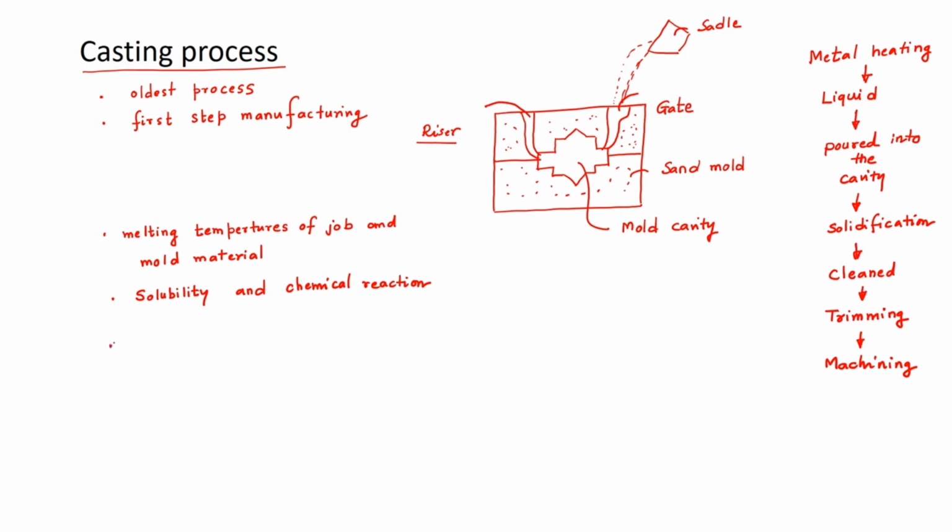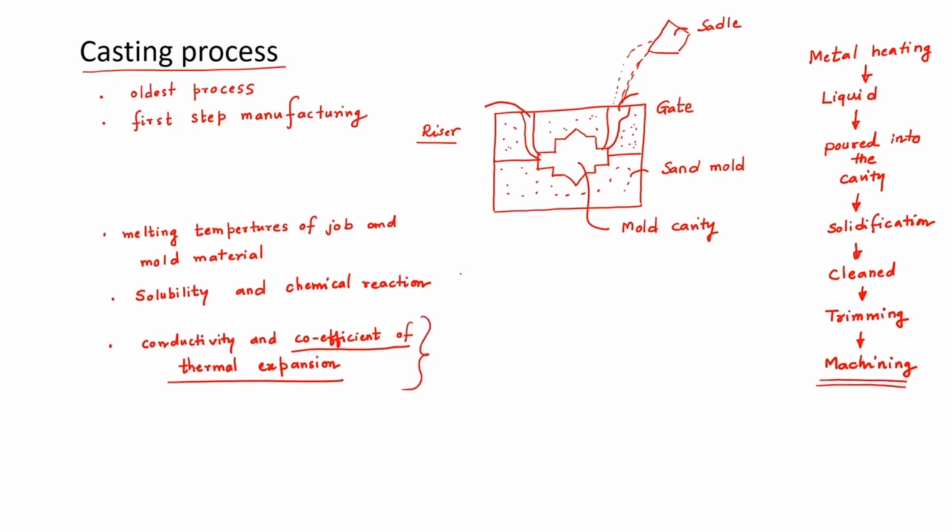In addition to this, it is essential to know the thermal properties, mainly the conductivity and the coefficient of thermal expansion of the material of which we want to prepare the casting. The coefficient of thermal expansion will decide the machining allowance.